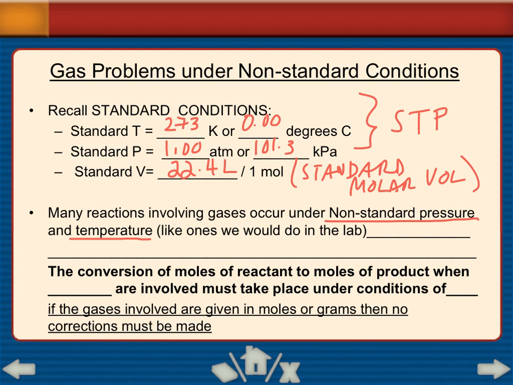The lab is about 1 atmosphere, but usually the temperature is more room temperature, around 20 degrees C rather than 0 degrees C. So again, when we have this kind of problem, the conversion of moles of reactant to moles of product when volumes are involved must take place under conditions of STP.